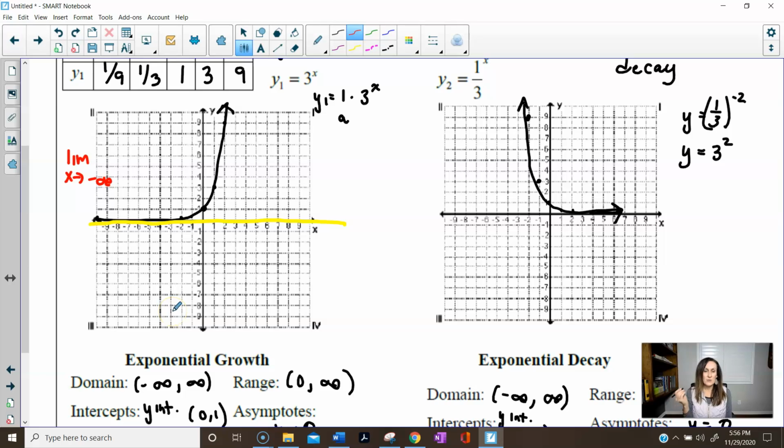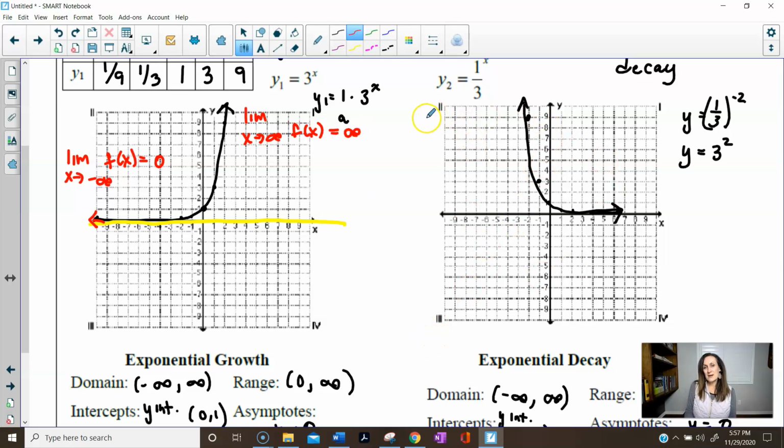That means as I go left, left, left, left, left, f of x is equal to 0, because this, as it moves left, is also getting closer and closer and closer to 0. This end behavior would be the limit as x approaches infinity, which means as I go right, right, right, right, right, f of x is equal to infinity.